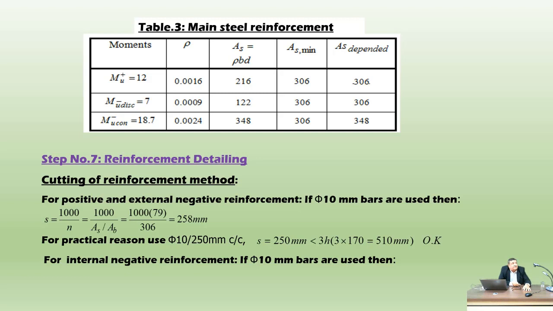Step number 7, reinforcement detailing. First, the cutting off reinforcement method. For positive and exterior negative reinforcement, 5-10 millimeter bars are used. Then S equals 1000, which is the width of strip, divided by N, and equals 1000 divided by AS over AB, since N equals AS over AB.